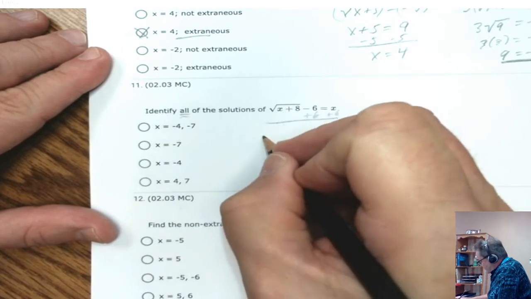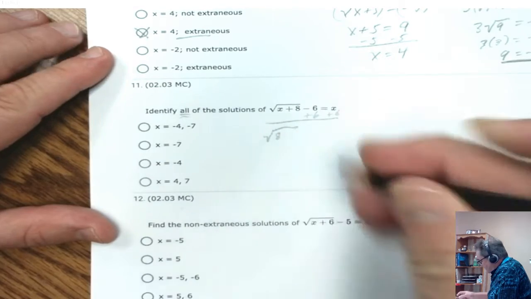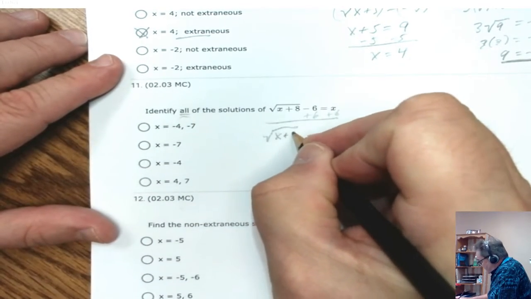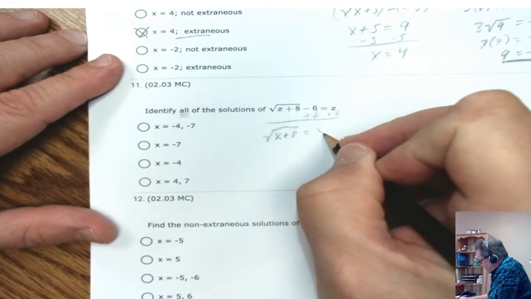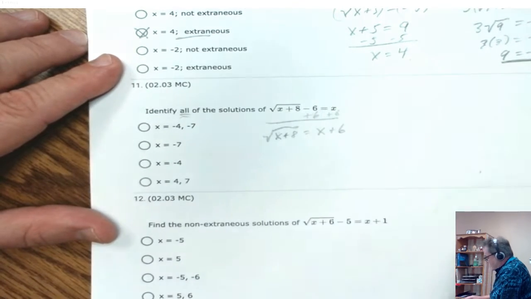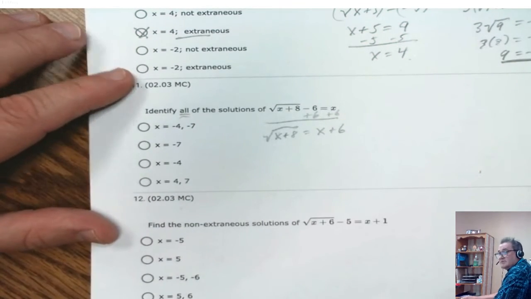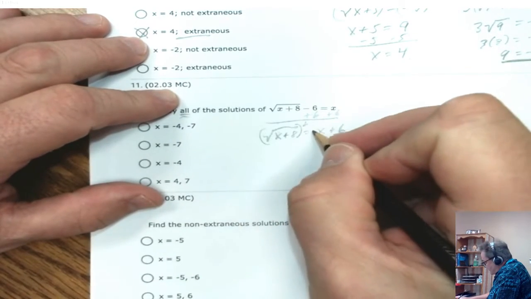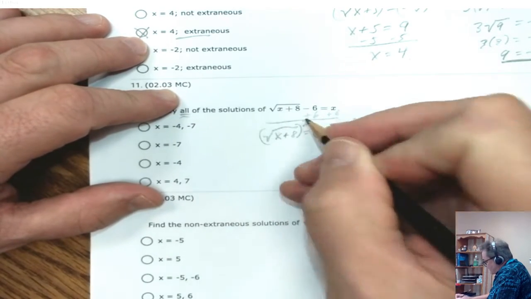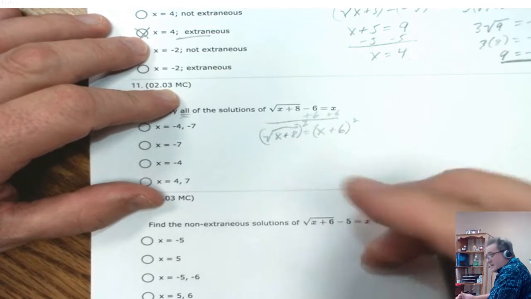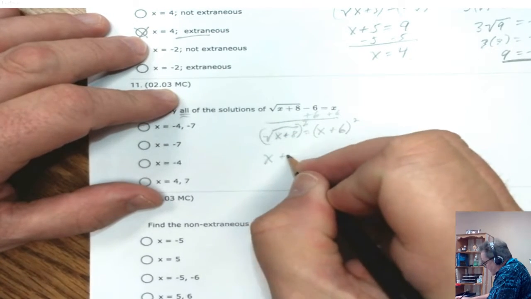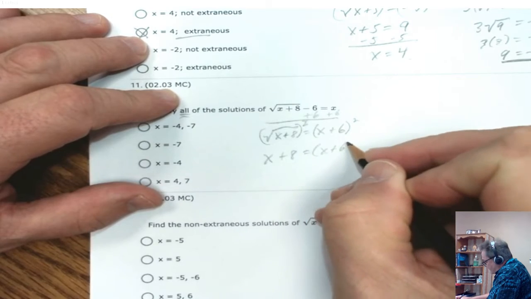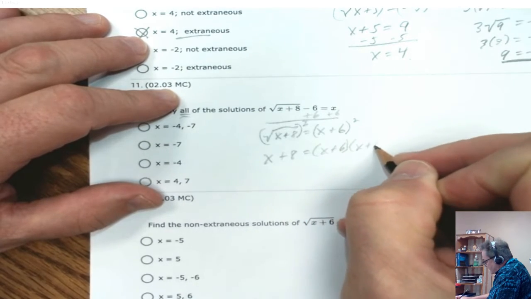So that gives us the square root of, not 8, x plus 8 equals, on the other side, we cannot combine those because they're not the same, x and a 6, x plus 6. Now we have to square both sides. When we square a square root, those cancel each other out. So we have x plus 8 on this side, and over here, we have x plus 6 times x plus 6.